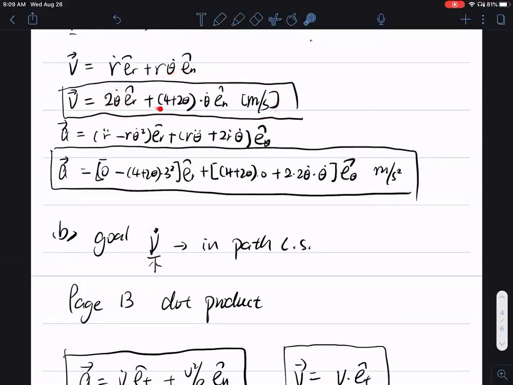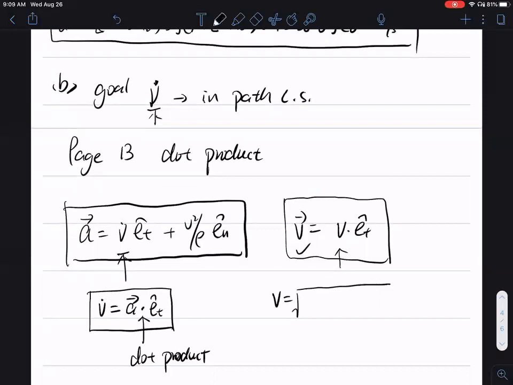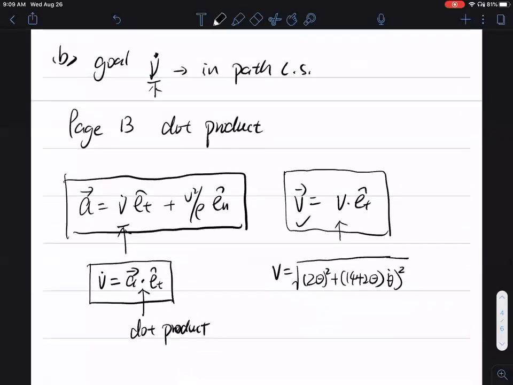You can take the magnitude of this vector to get the speed of that particle, which is this component square plus this component square and square root. Okay, so we do know velocity, we do know speed.